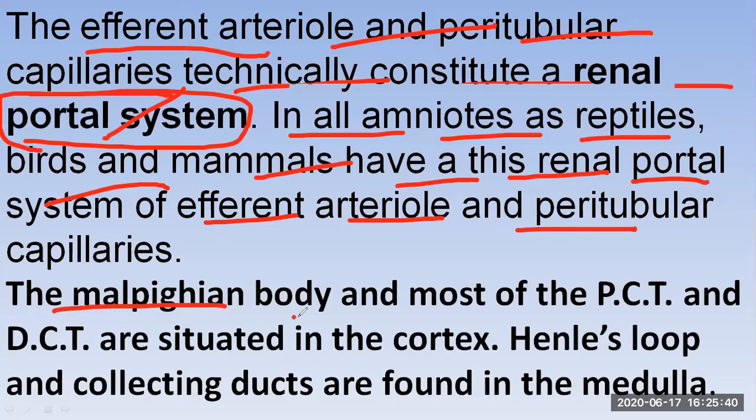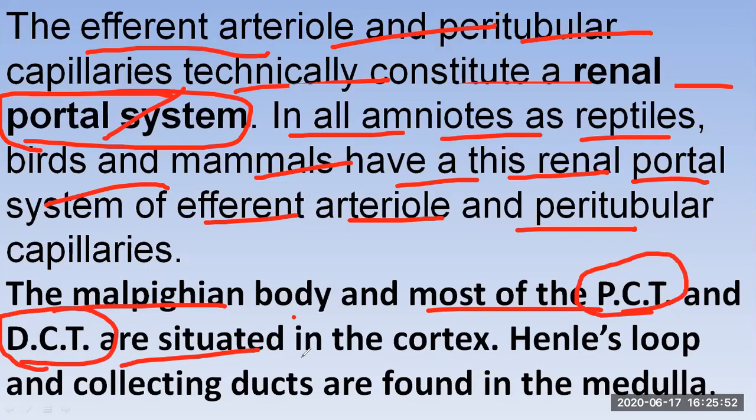The Malpighian body and most of the PCT, proximal convoluted tubules, and the distal convoluted tubules are situated in the cortex region, because in the Malpighian body the maximum part is located in the cortex.